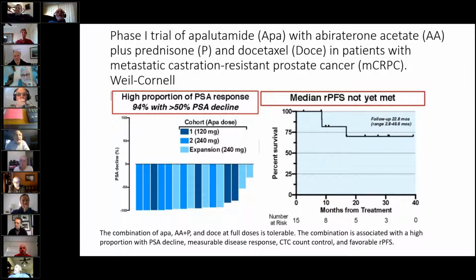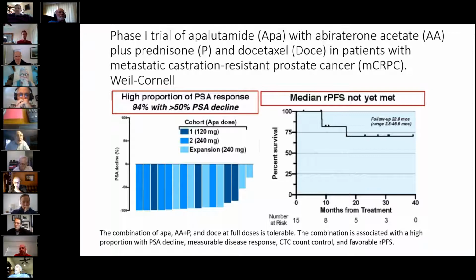And then here's again apalutamide in another trial where they did abiraterone and prednisone and docetaxel. This is a new phase 1 trial out of Weill Cornell. The previous one with abiraterone and apalutamide was across the street from Memorial.